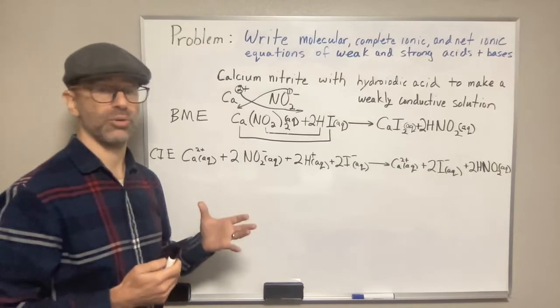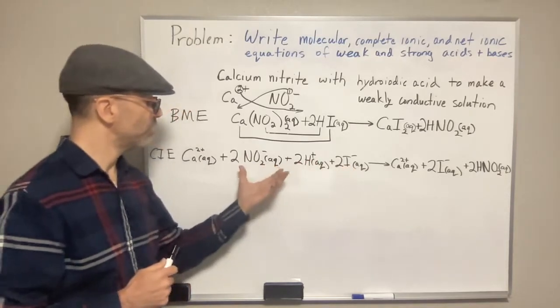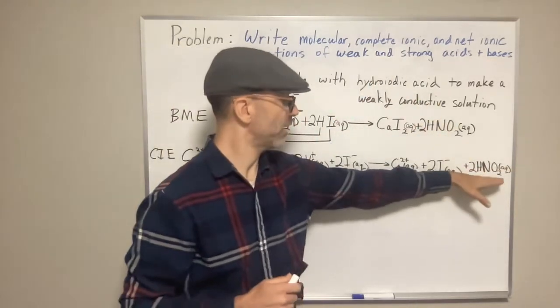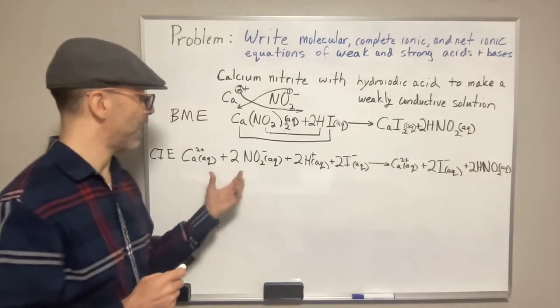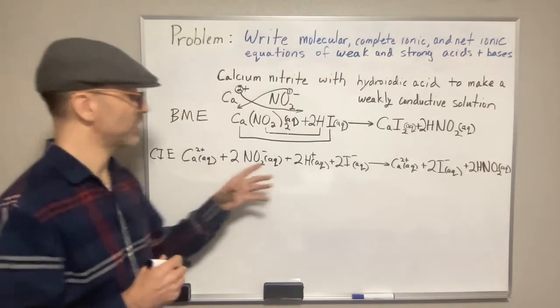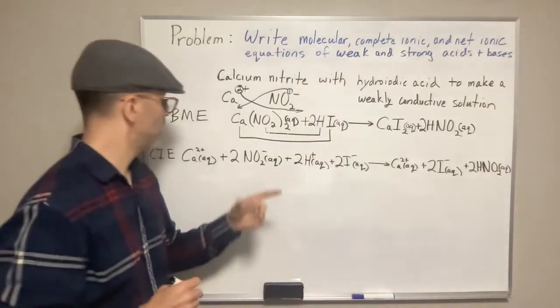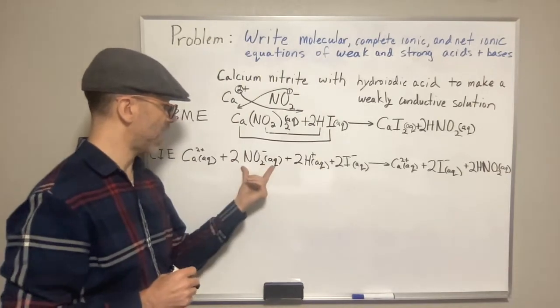So what we could do is look at what ions participate in the formation of our product. So here the product is HNO2, so we could pay attention to that and see, well, H plus and NO2. I'm sorry, I said NO3, but that's NO2. So we have H plus and NO2 participating in that.